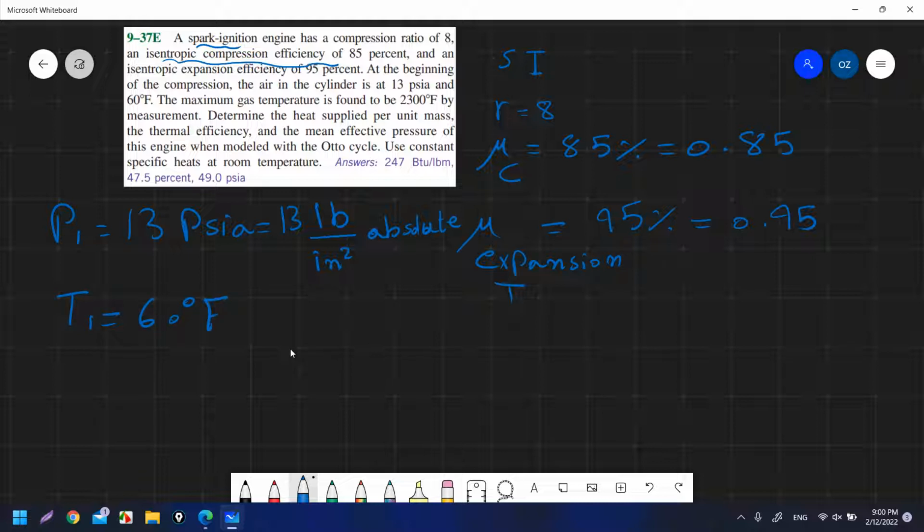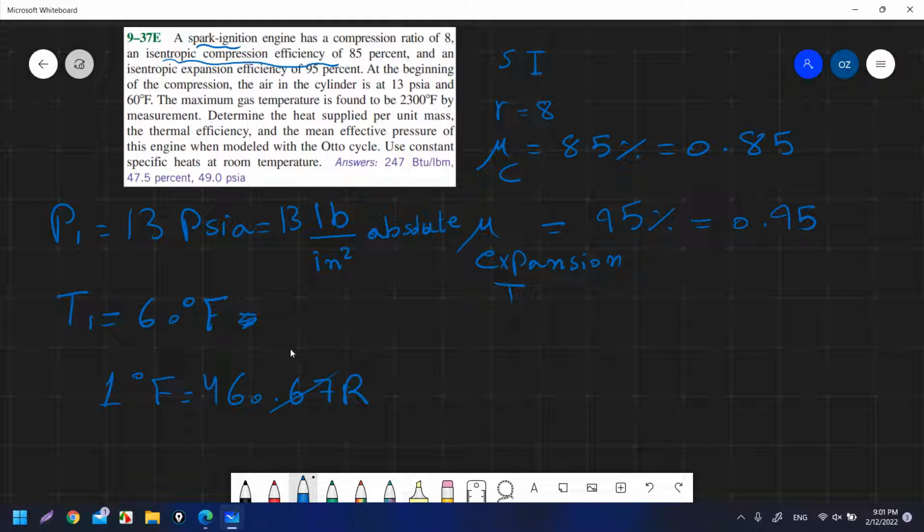The thermodynamics tables in these units are in Rankine, a temperature unit, and you can add 460 to be in Rankine. You can say that 1 Fahrenheit is equal to 460.67 Rankine. Let's ignore this 0.67, like the Celsius and Kelvin, where we ignore the 0.15 in the 273.15 Kelvin.